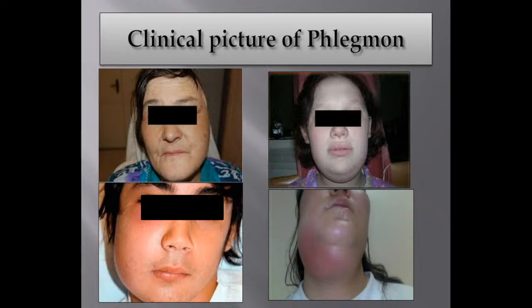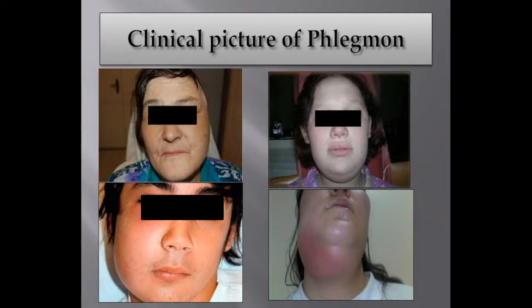Phlegmons. And here I showed you different types of phlegmons. On the upper photos you can see phlegmons of the deep areas of the face, of the maxillofacial area. Asymmetry, can you see it? Yes, if you see it on examination.